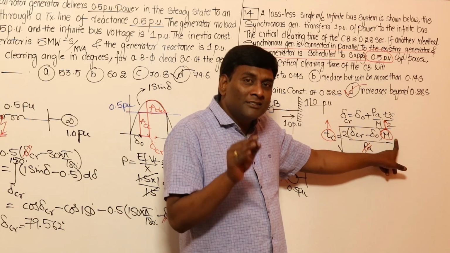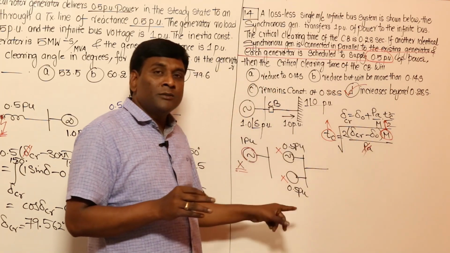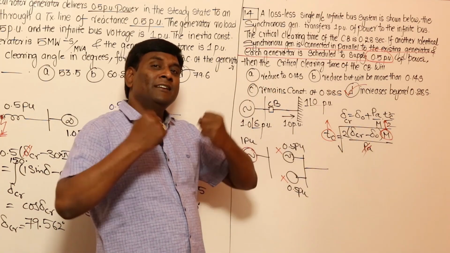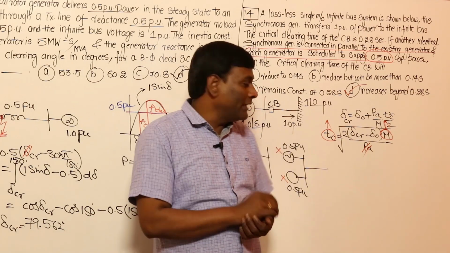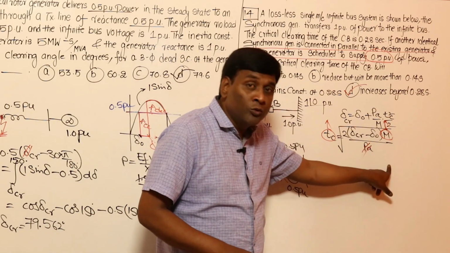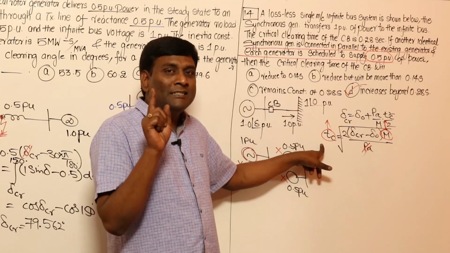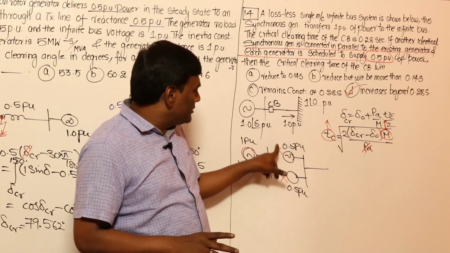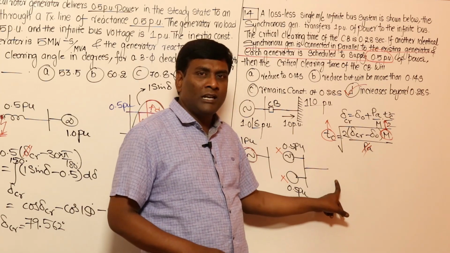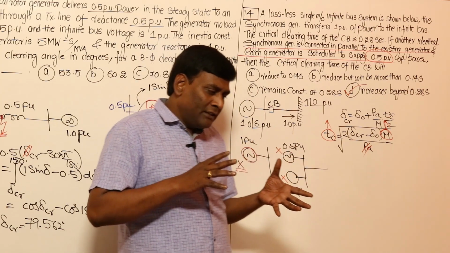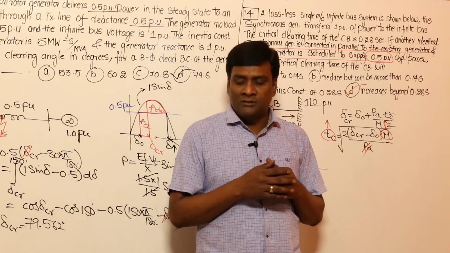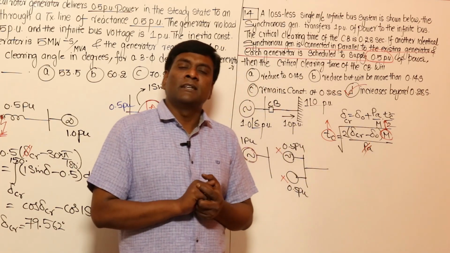If a disturbance occurs such that these two systems swing non-coherently, under that condition M reduces, so critical time has to reduce. So this is meant for coherent systems, because these two are connected in parallel. Beyond this, I will tell you different conditions of coherence and non-coherence maybe in a detailed course, but for now it is difficult.